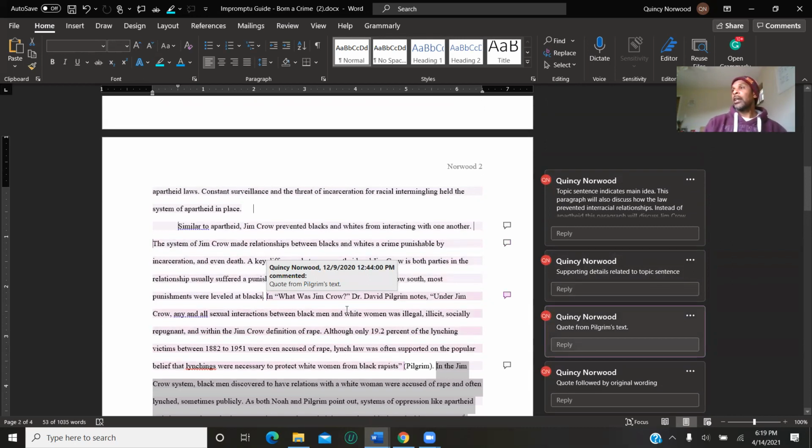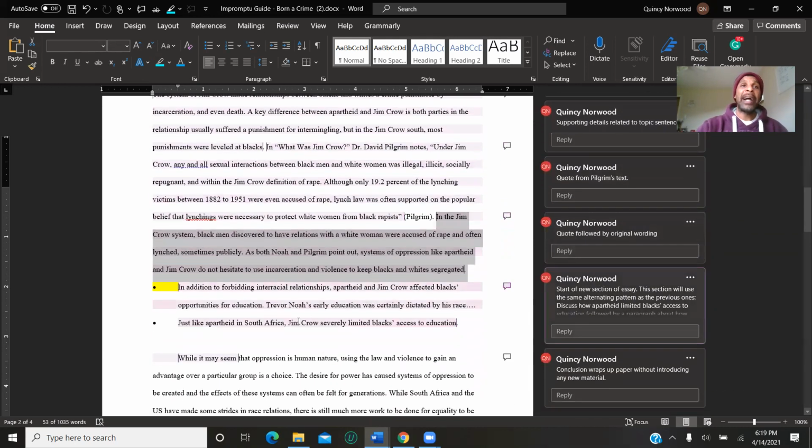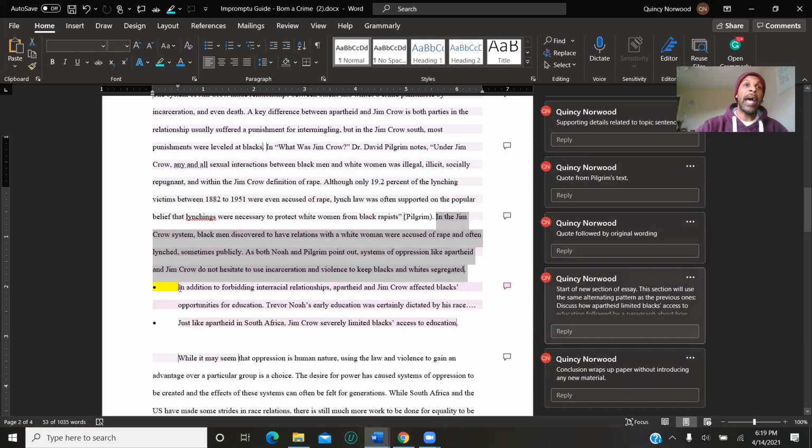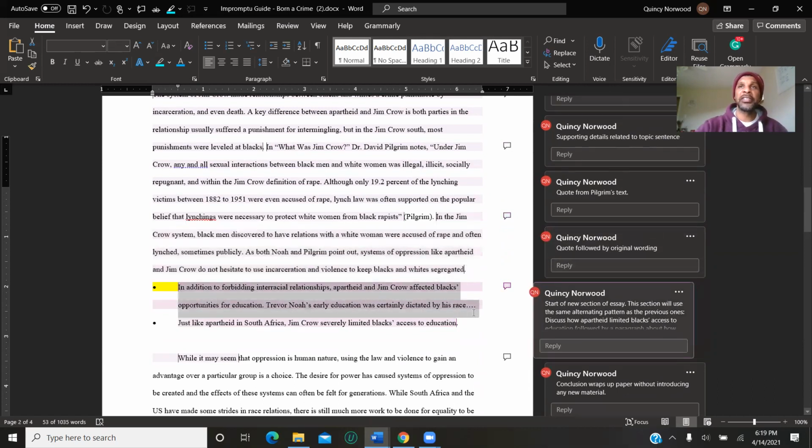So apartheid prevented interracial mingling, and Jim Crow prevented interracial mingling. And it's important that you discuss those ideas in separate paragraphs. Now, after this section, I don't have any fully realized paragraphs to continue this, but perhaps your next section could begin like this.